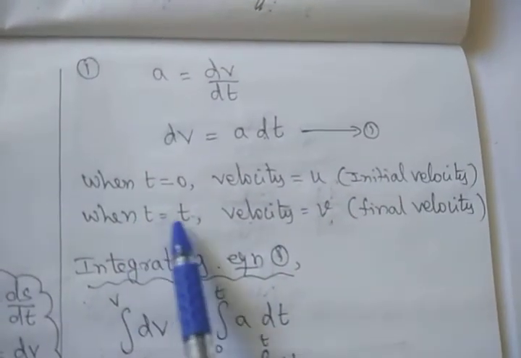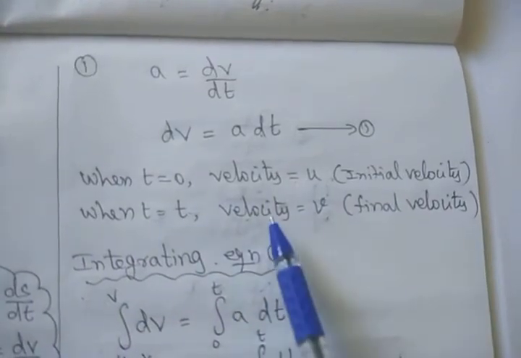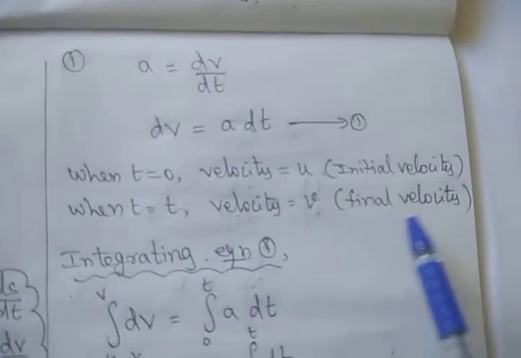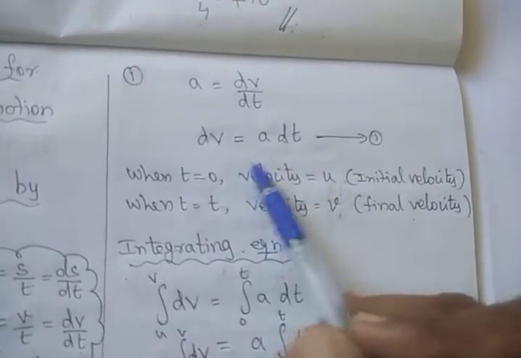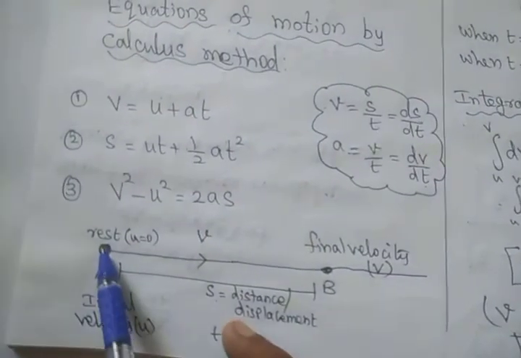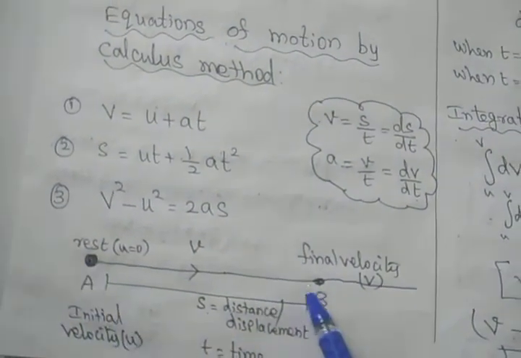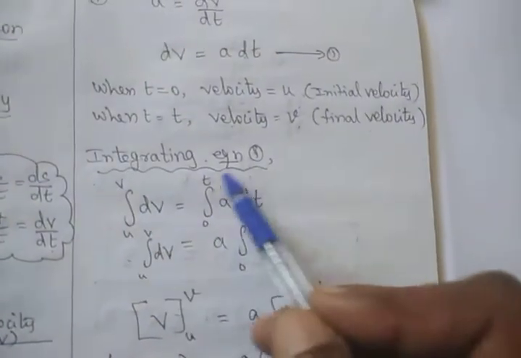After the time t, the velocity of the body is v, that is the final velocity. Now you are going to integrate, because I need to know the equation of motion from the starting point t is equal to 0 to t is equal to 1 second or 5 seconds.